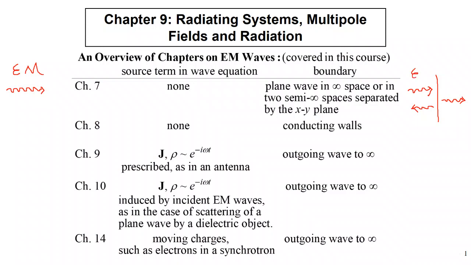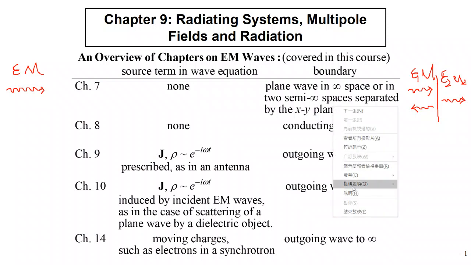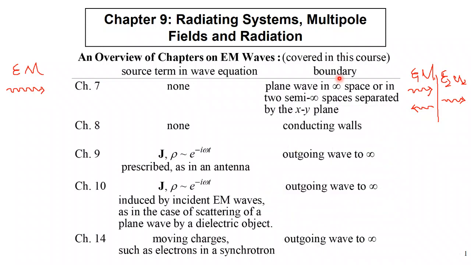One with epsilon 1 and mu 1, and the other with epsilon 2 and mu 2. So in order to match the boundary conditions, we generate a reflected wave as well as a transmitted wave.